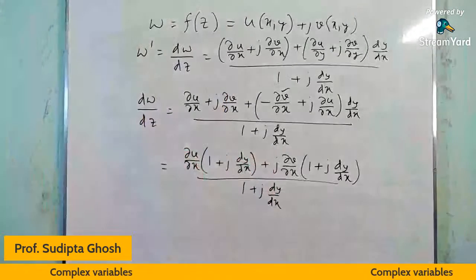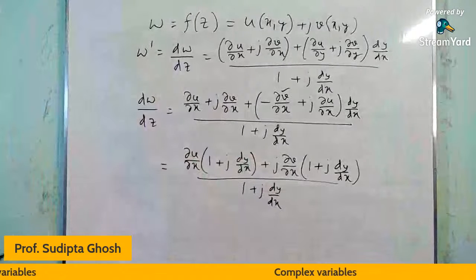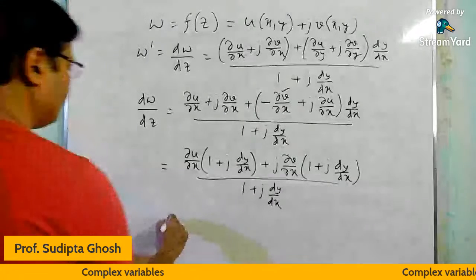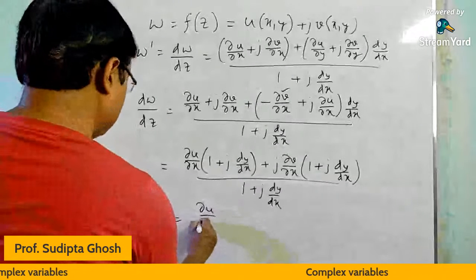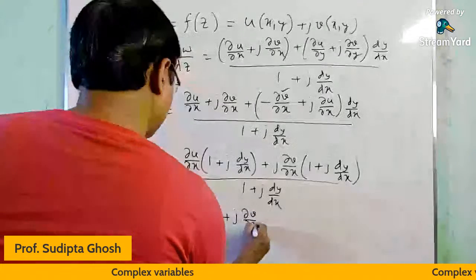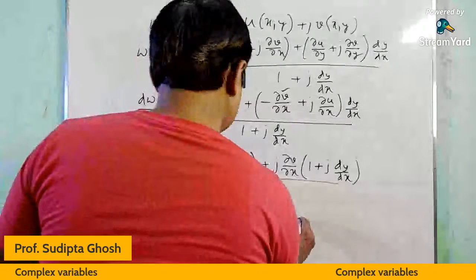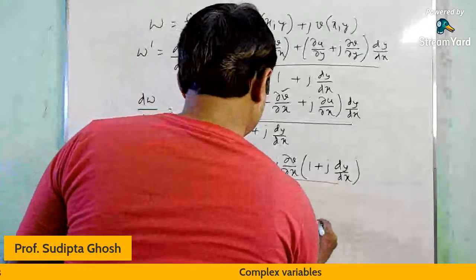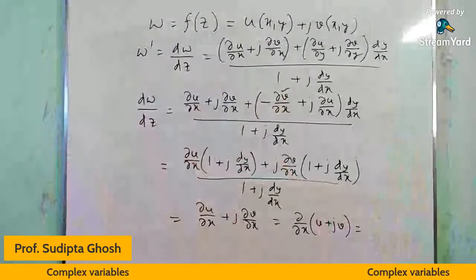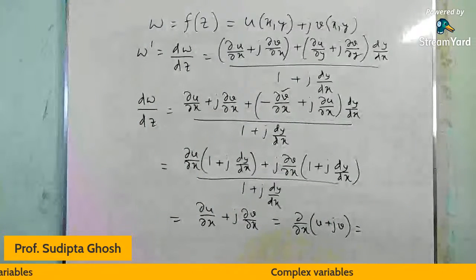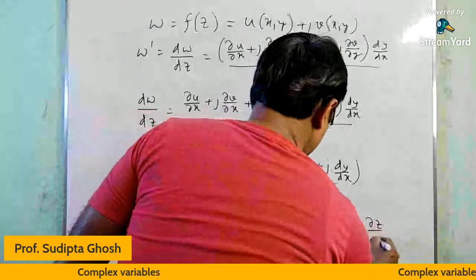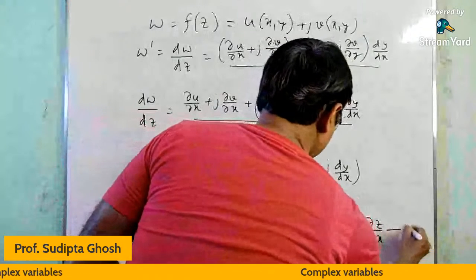So it can be written as del u del x plus j del v del x, or del del x of u plus jv, and as u plus jv means w, it can be written as del w del x, and let it be equation 9.